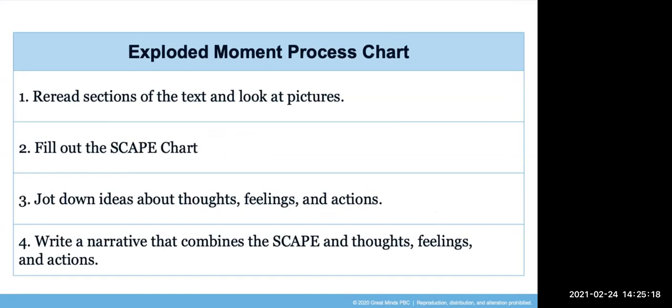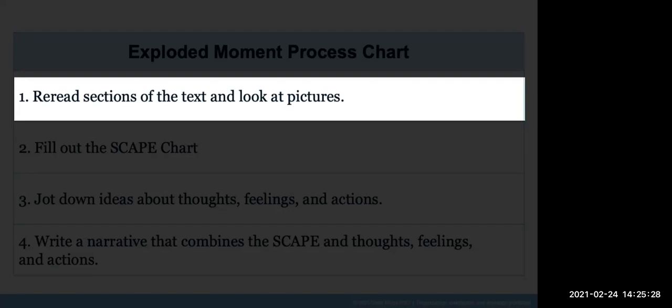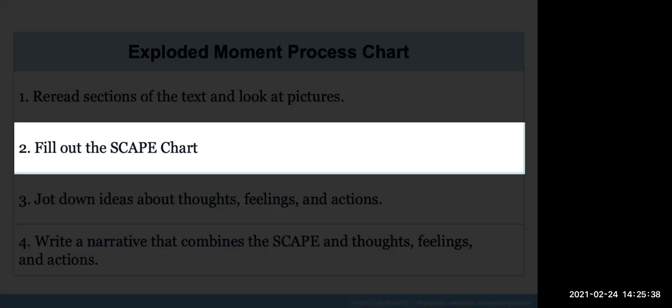This is called the exploded moment process chart. This chart gives us the steps in writing an exploded moment. The first step is to reread sections of the text and look at pictures. Remember, those illustrations provide so much information. Number 2 tells us to fill out the scape chart. You can use your handout for that, or you can create a scape chart in your journal.